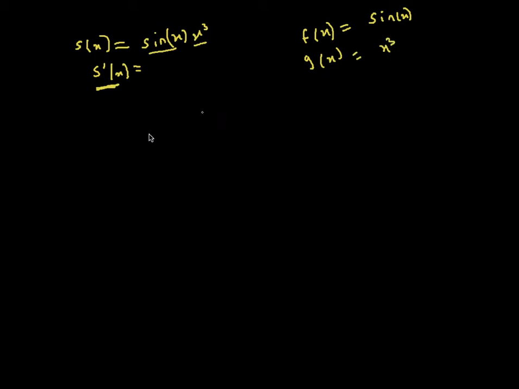And you are asked for s prime of x, which is the derivative of the main function. It's pretty easy. According to the product rule, you might think that it is the product of the derivatives of the two functions, but it's not true.